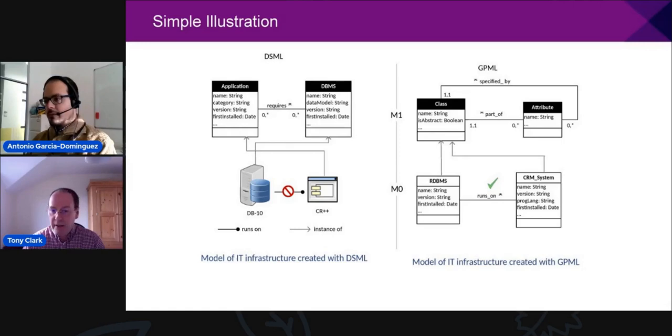Now, the conventional way of dealing with this is on the right at the bottom, which is to use standard modeling techniques: create a class for the database, create a class for the CRM system. The language that we're using in order to create those classes is shown on the top right, which is the class and attribute. So those are the language constructs that we're using.